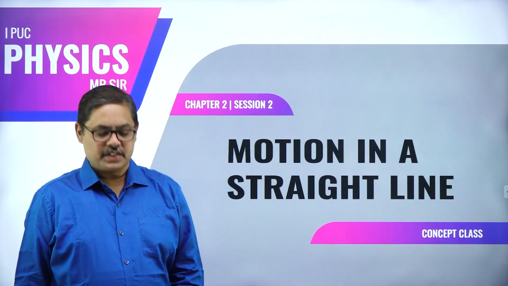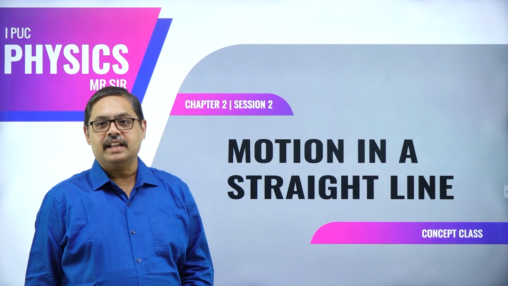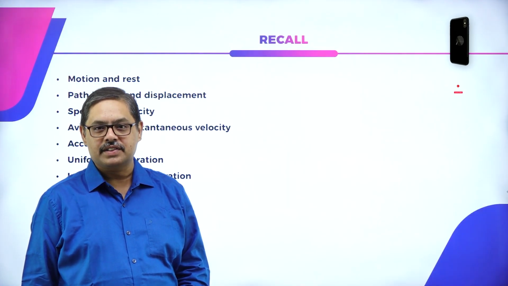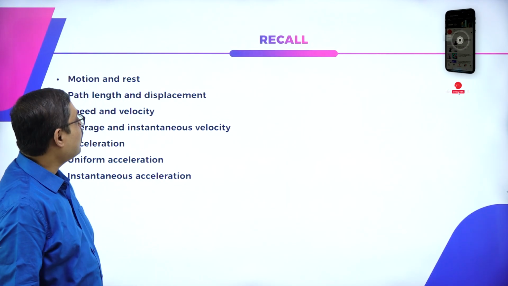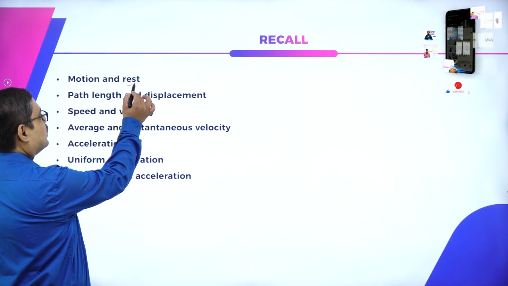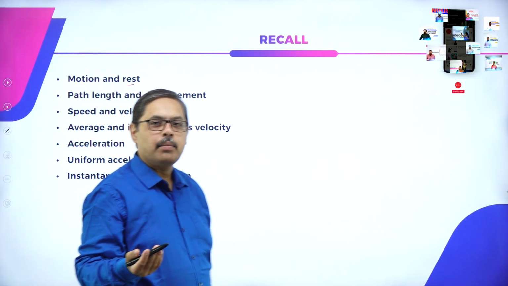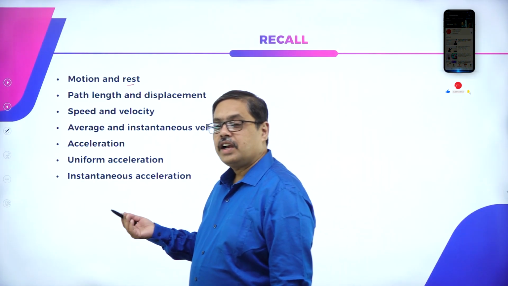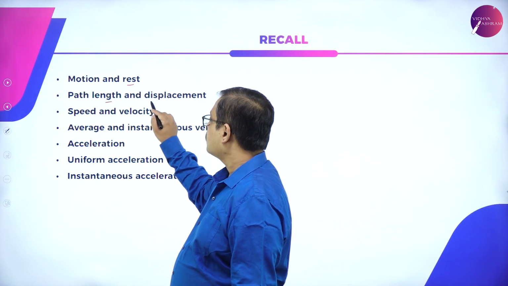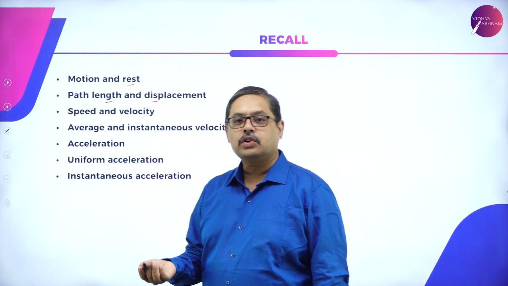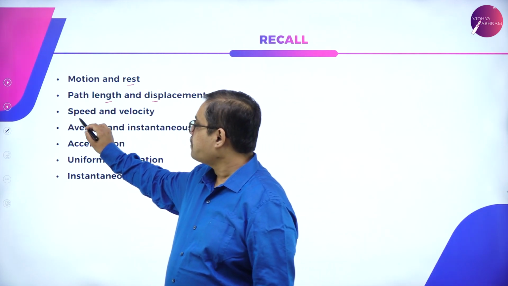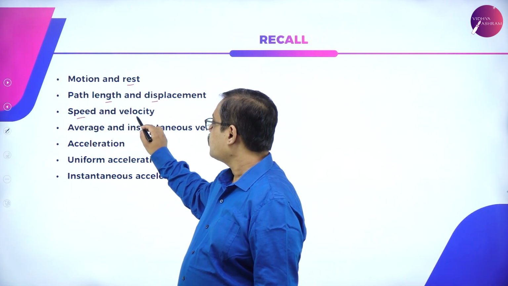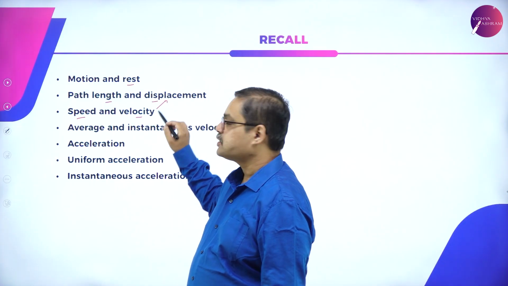Let us begin this session by recalling what we did in the first session on motion in a straight line. We studied about motion and rest: when do we say that a body is in motion, or when do we say that a body is at rest? We understood what was path length and what was displacement. We also understood that for speed we consider path length, whereas for velocity we consider displacement.